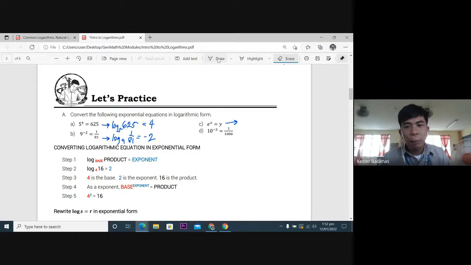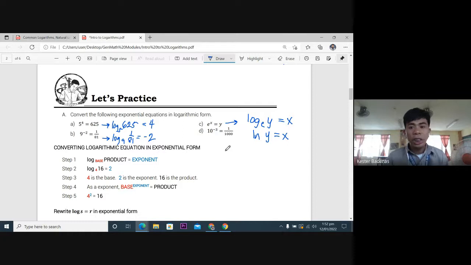So, we have logarithm of y with the base e is equal to x. Pero since base e siya, i-rewrite natin siya, that would become ln of y is equal to x. So that's correct. Thank you, Wendy.